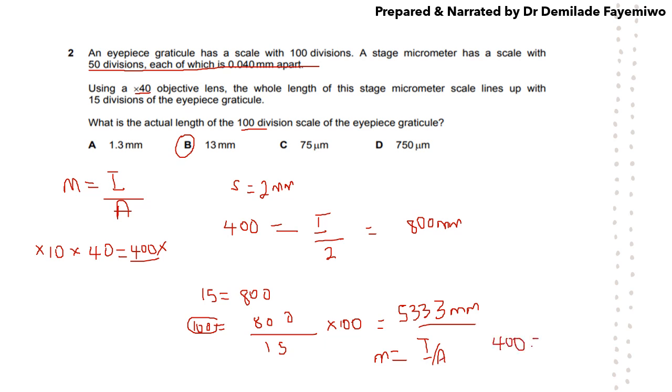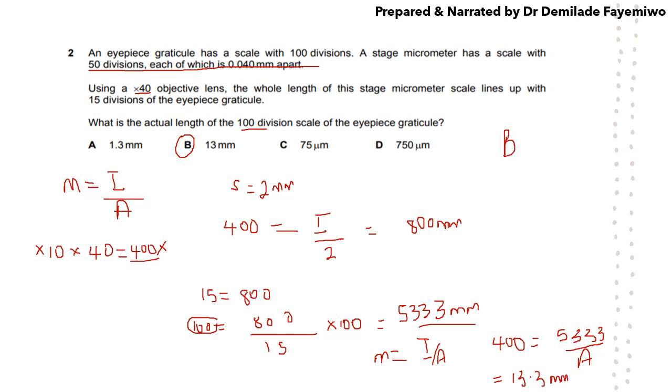That means I would be the image, because now we're trying to find the actual one, so I would be 5,333 divided by A, which is our variable. If we divide 5,333 by 400, we arrive at the exact same answer, which is 13.3 millimeters. That still leads us to B.